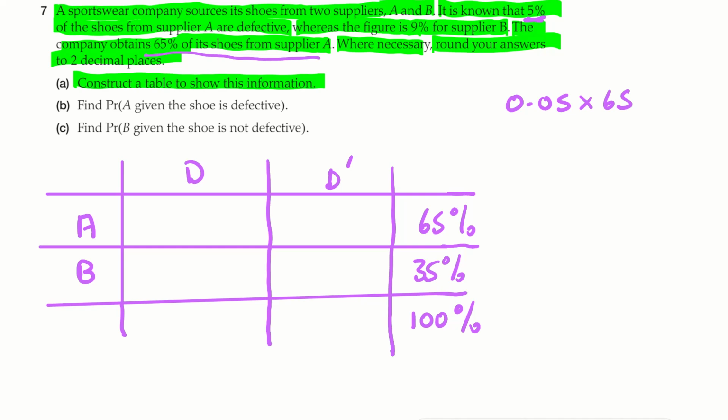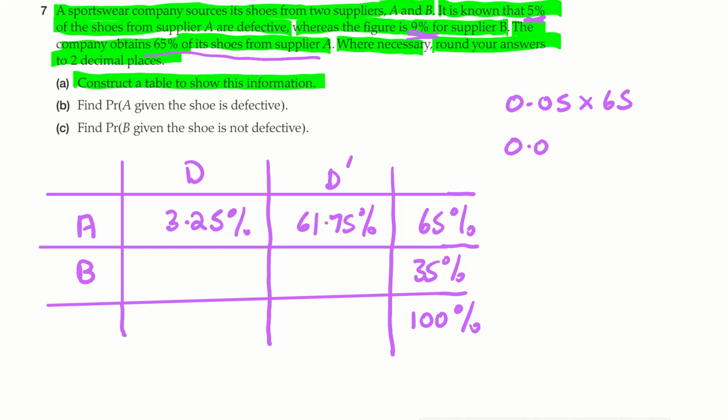And so the defective shoes from there, 3.25%. 65, take away 3.25, 61.75% here.